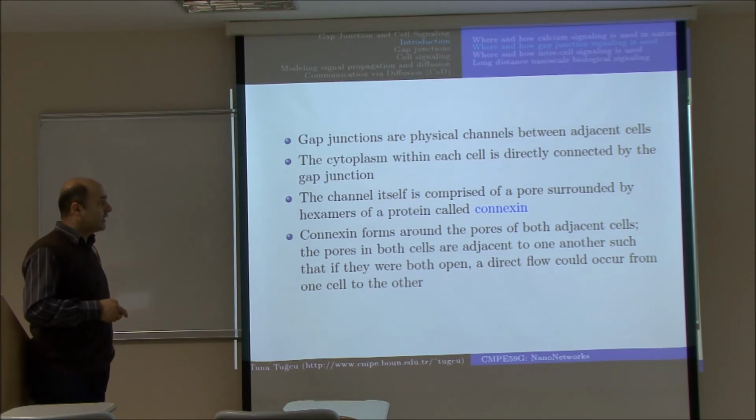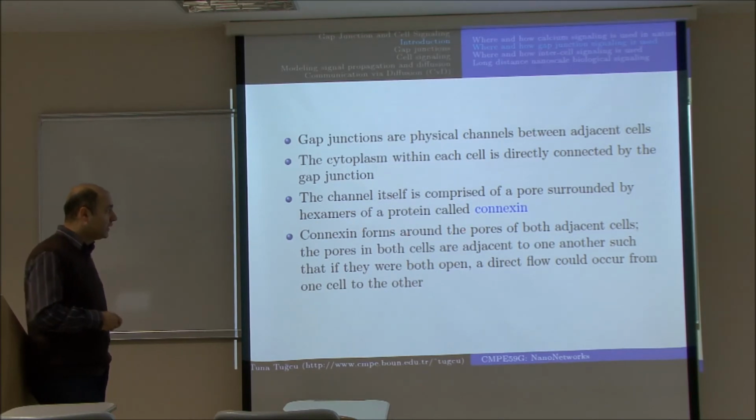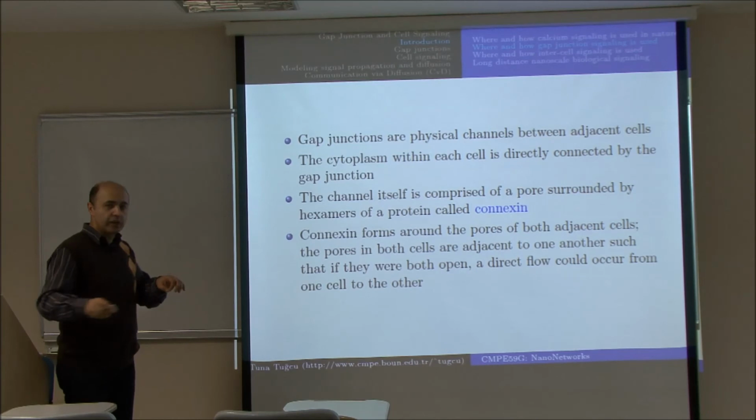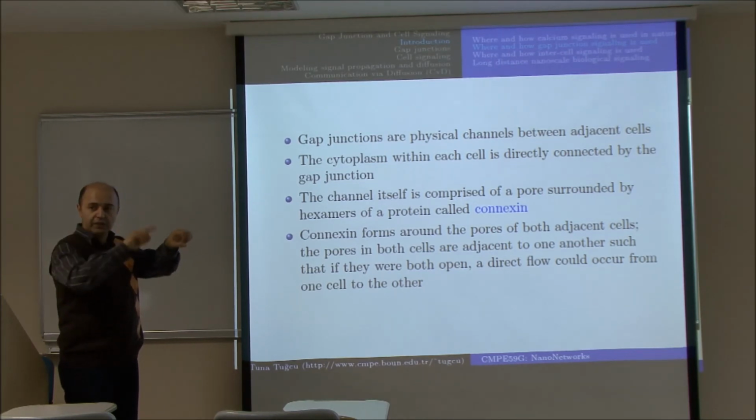The channel itself is comprised of a pore, a hole, that is surrounded by hexamers of a protein called connexins. The connexin forms around the pores of both adjacent cells. In other words, both cells have their gaps made out of connexins, and they're aligned. The two pores should come side by side so that you have a connection between the two cells.